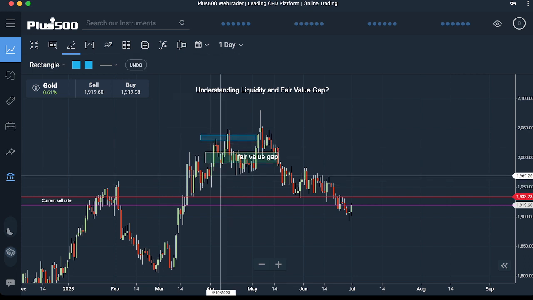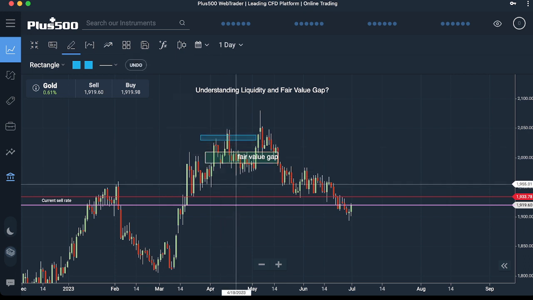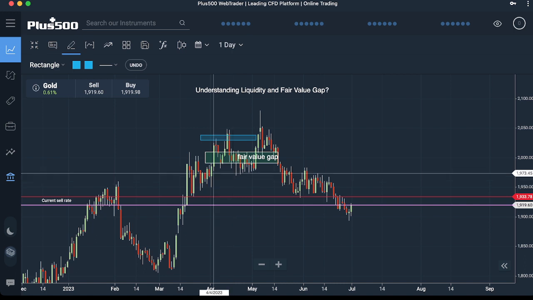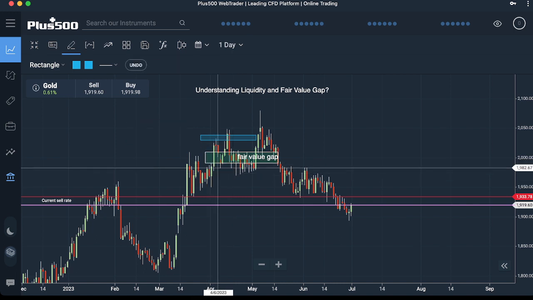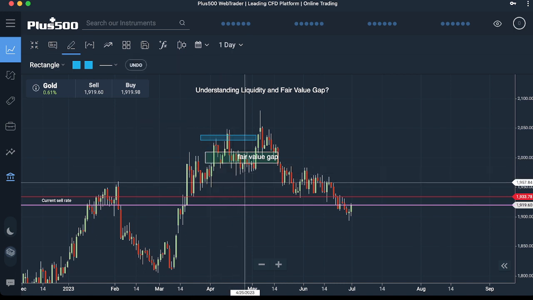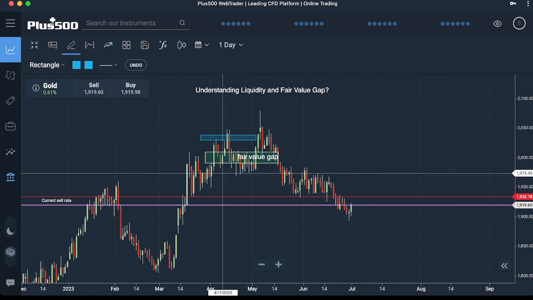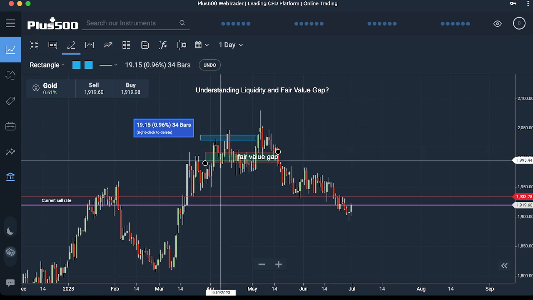Here there is no valid swing low, but we have the fair value gap, and for sure by going back to the lower time frames you may find a swing low there. So then here you can find the buy setup in the lower time frame.